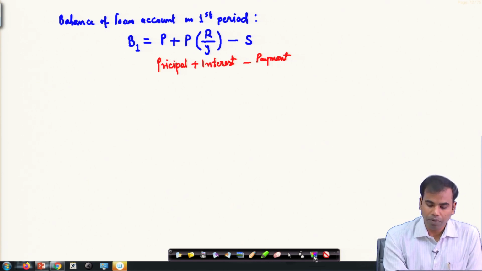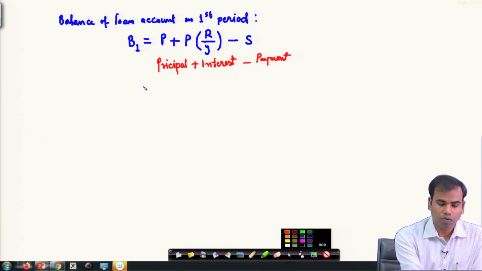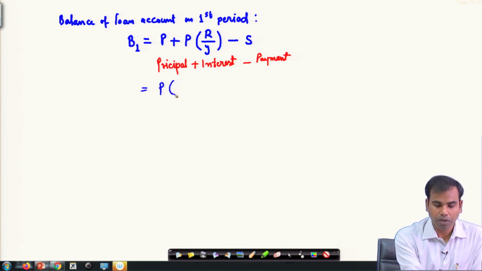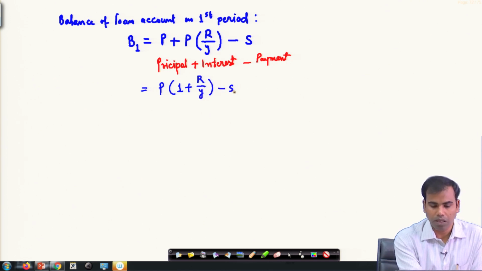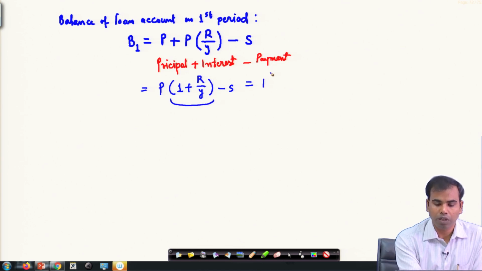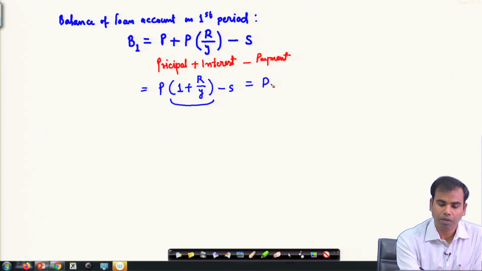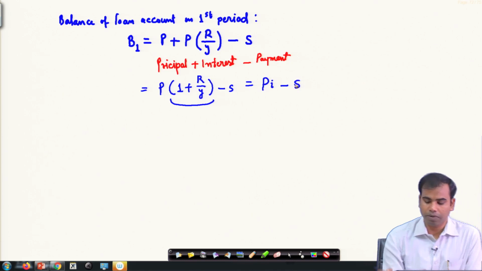If you try to simplify this, it will be P into 1 plus R by Y minus S, and previously we have defined this as I. So, basically this becomes P I minus S.